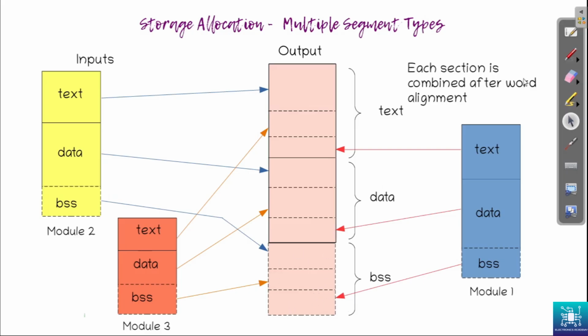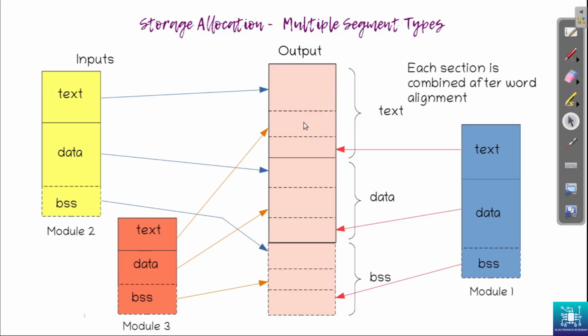Okay, and of course each section is combined after word alignment. So there is an alignment going on here, which is done automatically by the linker. Whatever we talked about, that is adjusting the addresses, and then if there is a function call, you need to move the address of the particular function to some other address because it has been pushed down in this region.